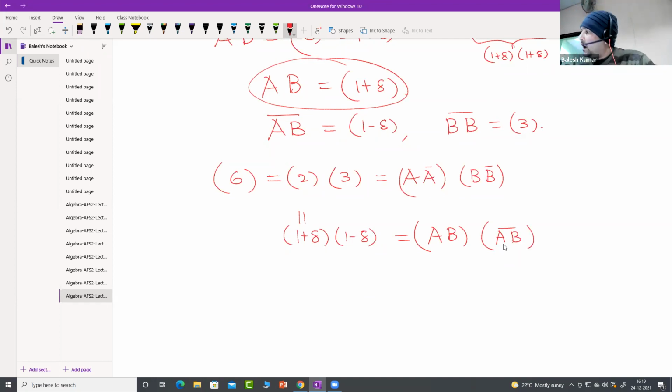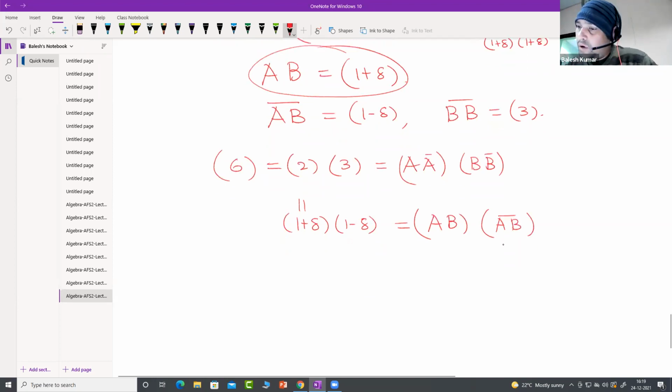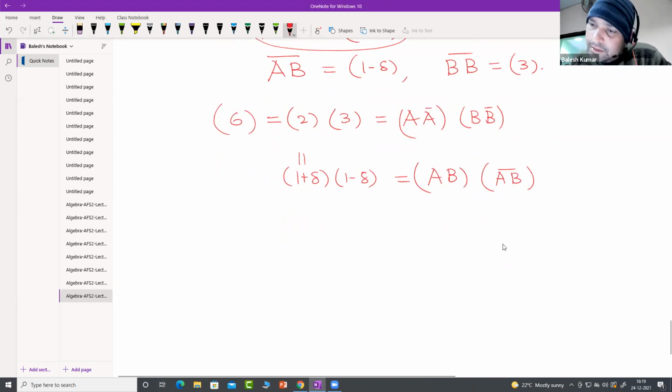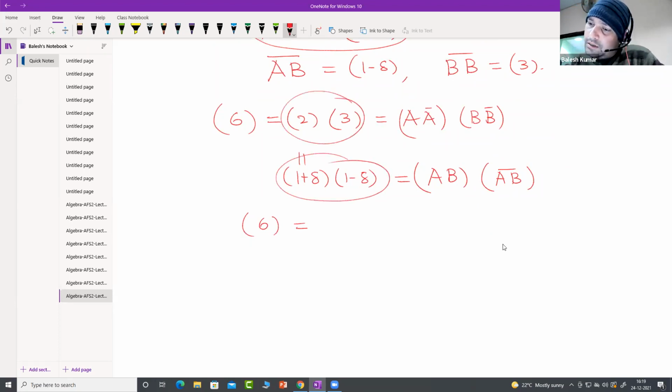And so therefore what we see from here is that the ideal generated by 6 has a common refinement, we get common ideals which take care of this factorization as well as this factorization, which are A A bar and B B bar.